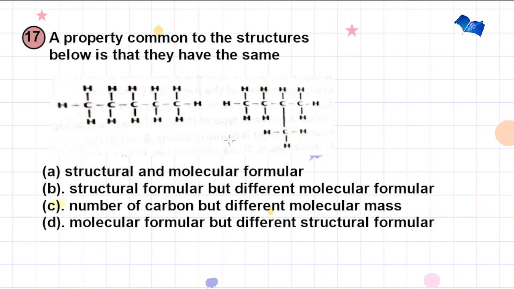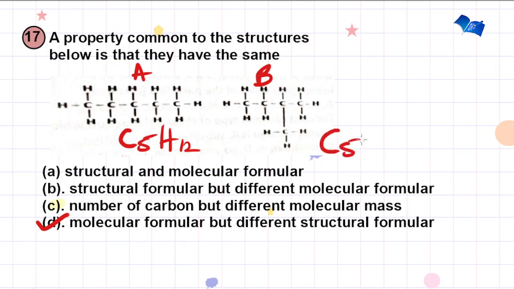Next question. A property common to the structures below is that they have the same. The correct answer is molecular formula but different structural formula. Look at the first structure, structure A, and the second one, structure B. You can see that the molecular formula is C5H12. It is pentane, the fifth member of the alkanes. And for the second one, it is an isomer.